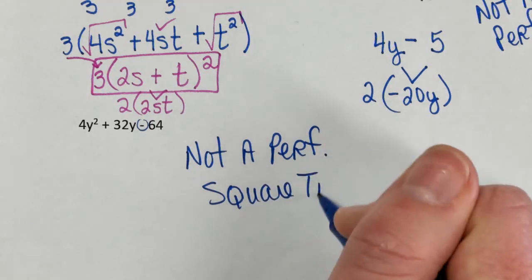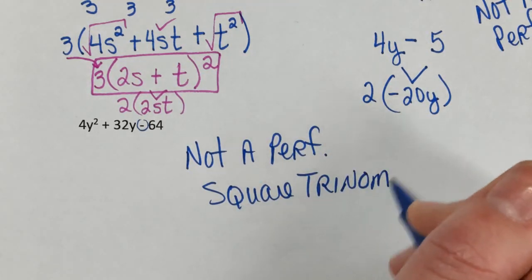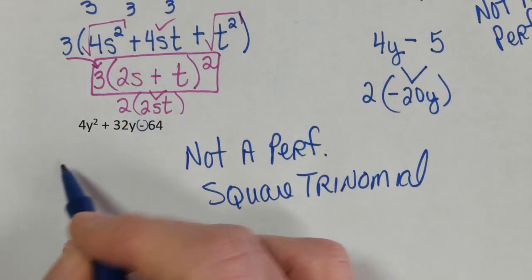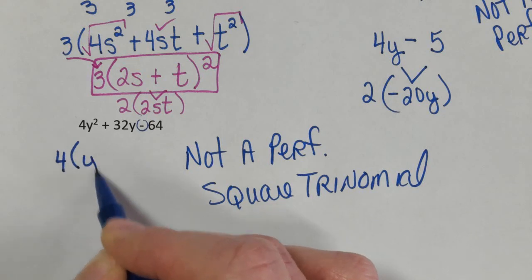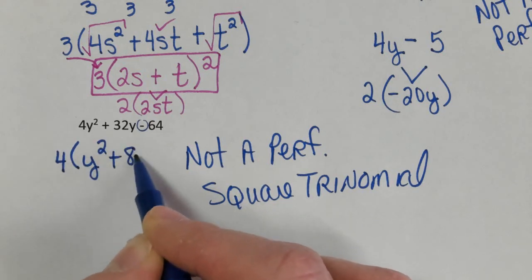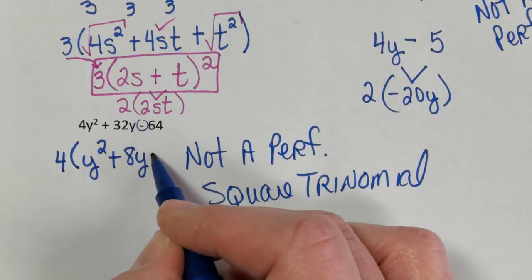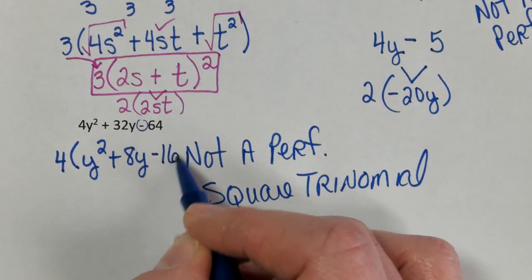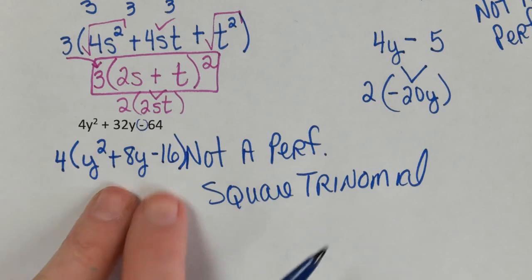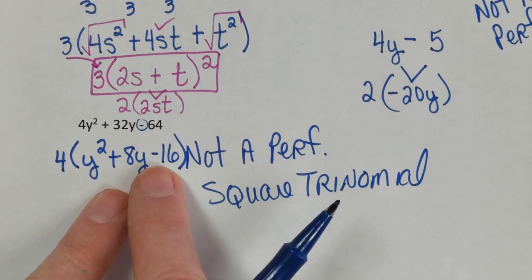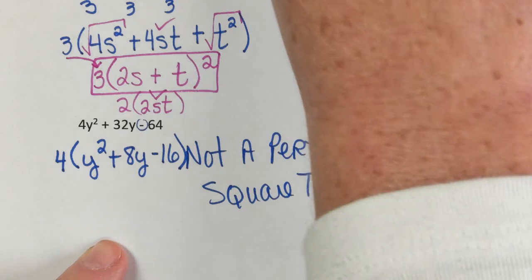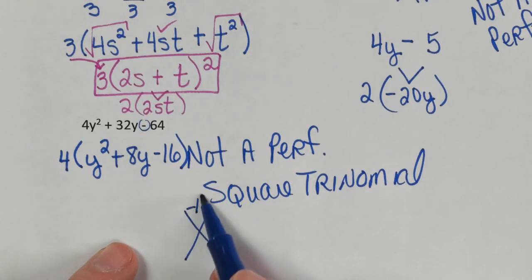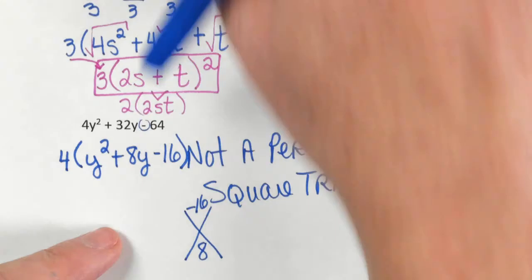Now, if we were going to factor that, let's just think about it for a minute. Number one, I'm seeing that they have a greatest common factor of 4. So the first thing I would do is factor out a 4. That would be minus 16, right? It's still not a perfect square trinomial because of the negative sign. If I wanted to factor this more, we would go through our steps. So negative 16 and positive 8.